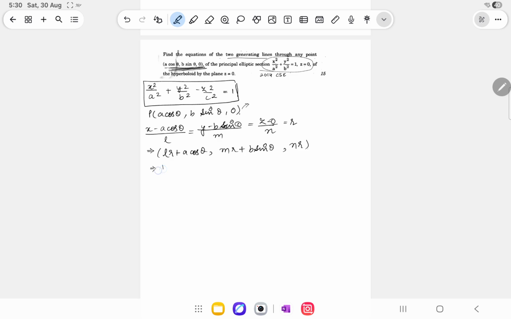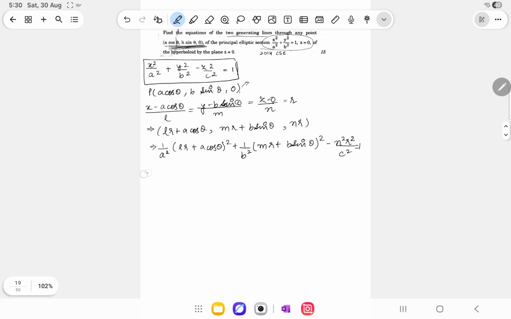So that gives me 1 by a square into (lr plus a cos theta) whole square plus 1 by b square into (mr plus b sin theta) whole square minus n square r square by c square is equal to 1.